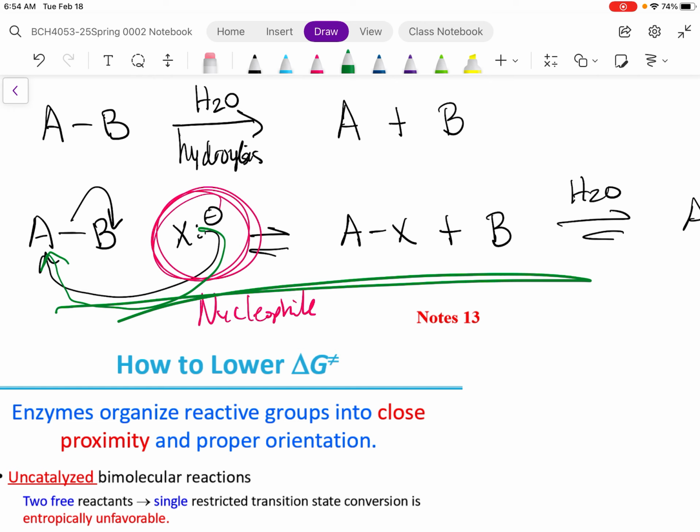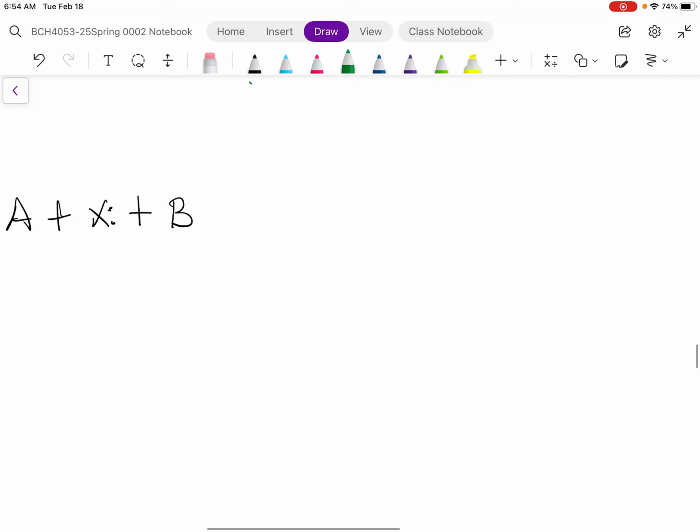So we have another type of mechanism in enzymes, and that is metal ions. Like when I talked about cofactors and all that jazz, those can bring in heavy metals like magnesium or zinc.